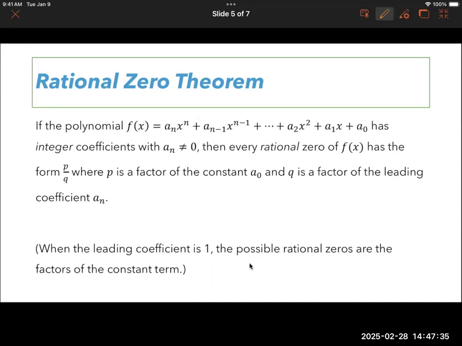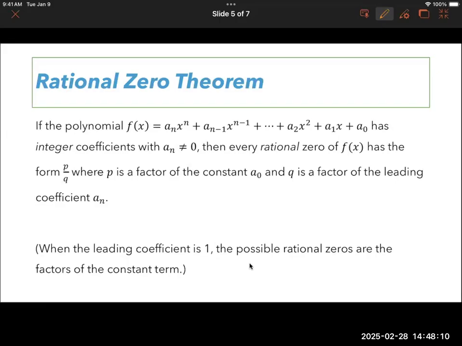Okay, so if your polynomial has integer coefficients, and your a sub n is not equal to 0, so whatever that leading term is actually has some sort of leading coefficient with it, then every rational 0 of f of x has the form p over q, where p is a factor of the constant, a sub 0, and q is a factor of the leading coefficient, a sub n.